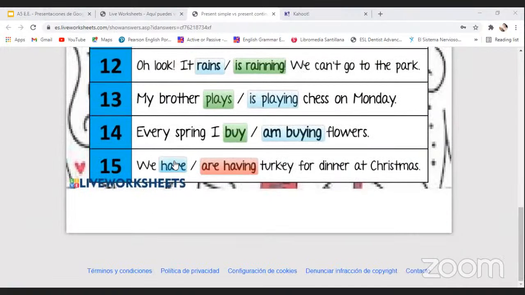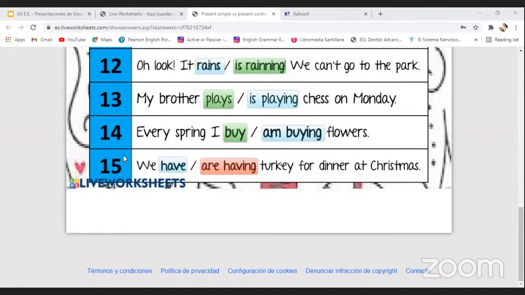We have turkey for dinner at Christmas. En esa estaba dudando porque decía, nosotros tenemos, pero el otro sería, nosotros tendremos pavo para la cena de Navidad. Era como una oración un poco ambigua porque, o sea, nosotros tenemos y también se podría entender como nosotros tendremos pavo.